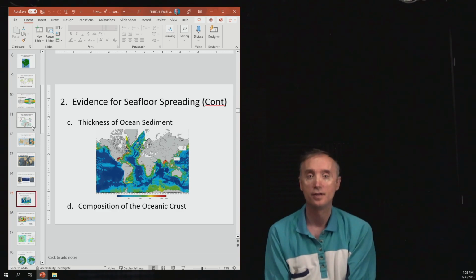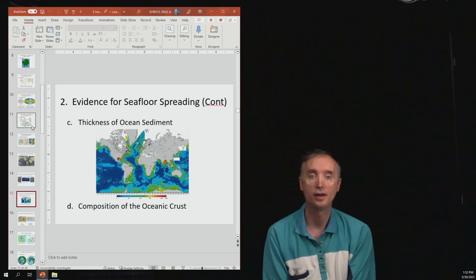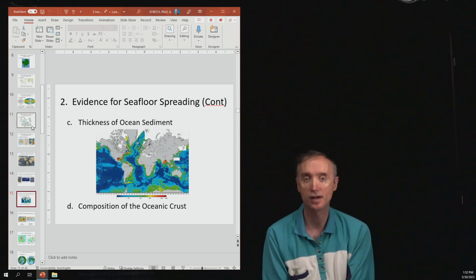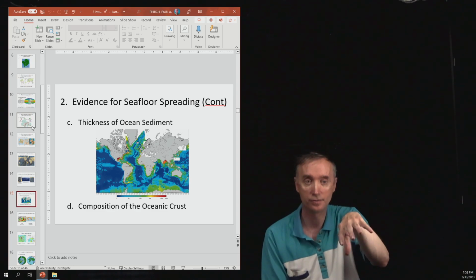Okay, first of all, the thickness of the ocean sediment. The ocean sediment is the thickest near the continents, where rivers are dumping sediment next to the continents.